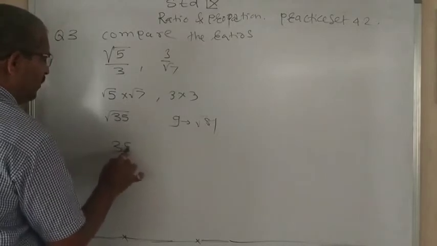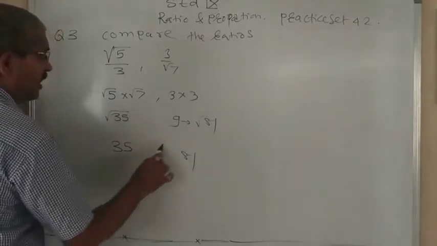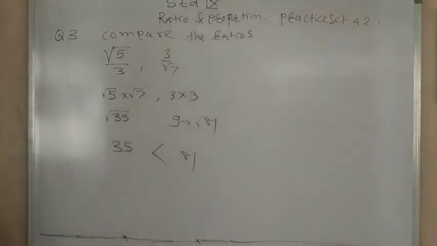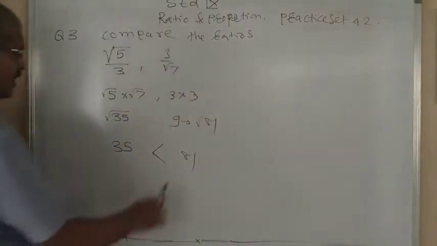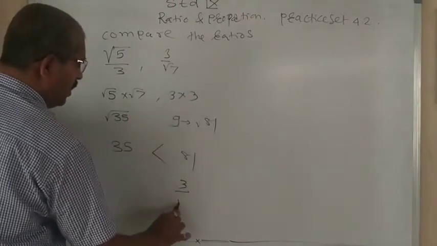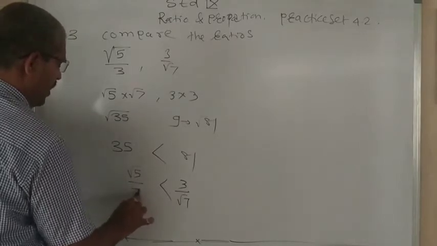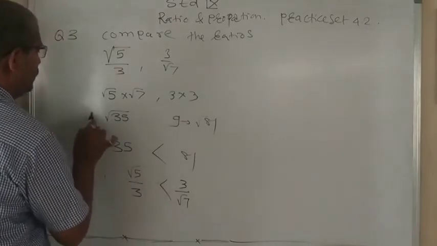So what we have is 35 and 81. Then who is greater? Root 81 is greater. Therefore, 3 upon root 7 is greater than root 5 upon 3 is the answer.